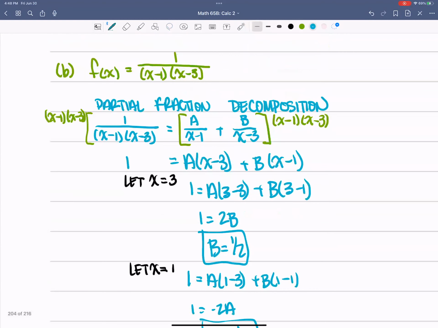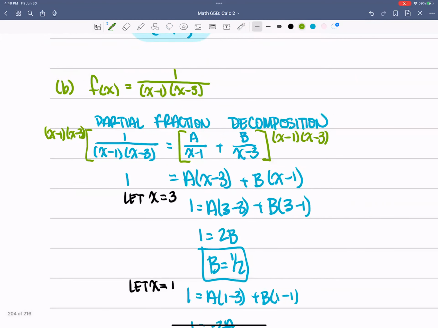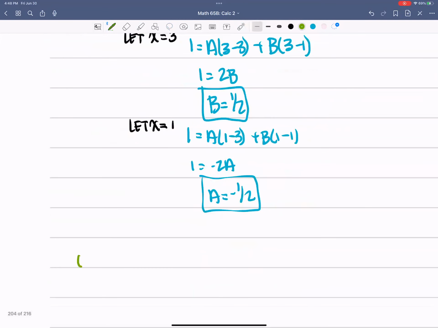So now going back to that original relation, we have x minus 1, x minus 3, the numerator of 1. This is equal to a over x minus 1 plus b over x minus 3. So this is going to be a negative 1 over 2, x minus 1, and this is going to be a positive 1 over 2, x minus 3.